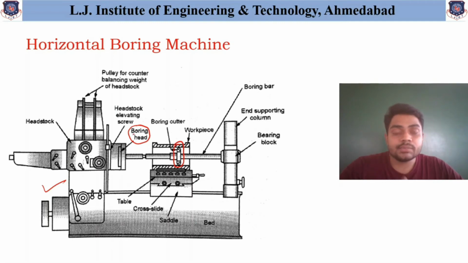And other than this, many other operations such as drilling and reaming can also be performed on this horizontal boring machine. Just a minor change is required, that is by changing the tool connected to the headstock one can obtain different operations on this machine. But the primary objective of using this machine is the boring operation, that's why this machine is called the horizontal boring machine.